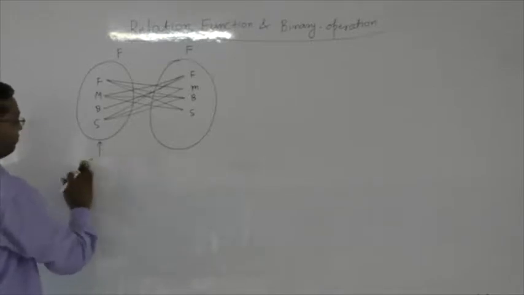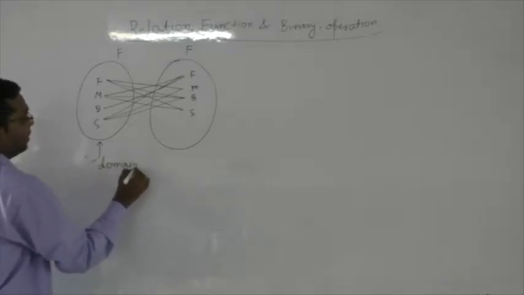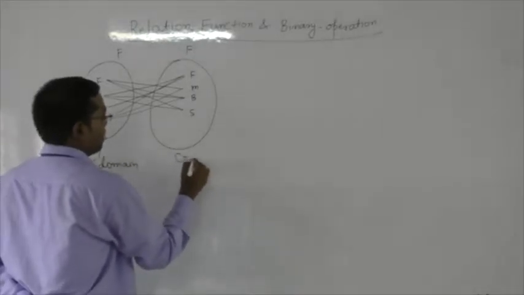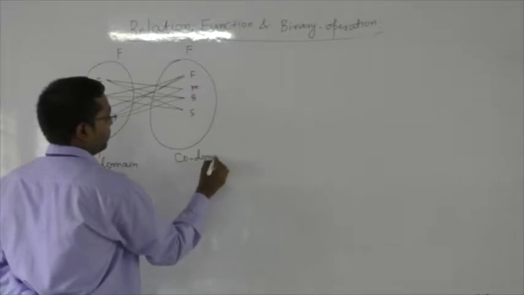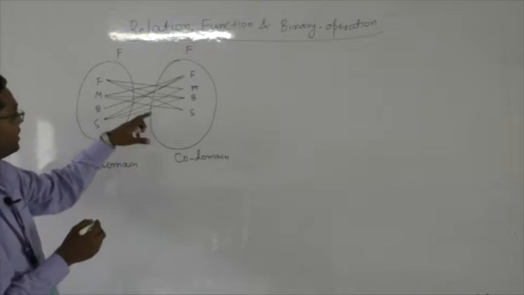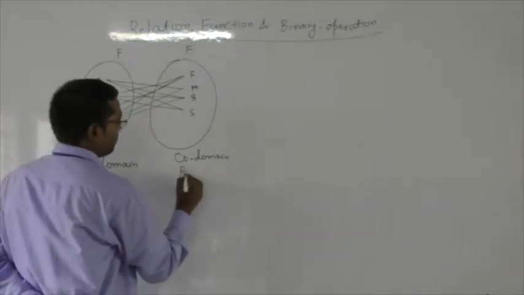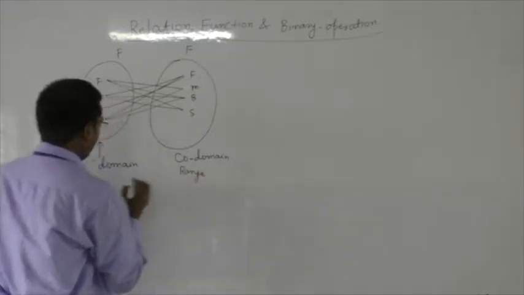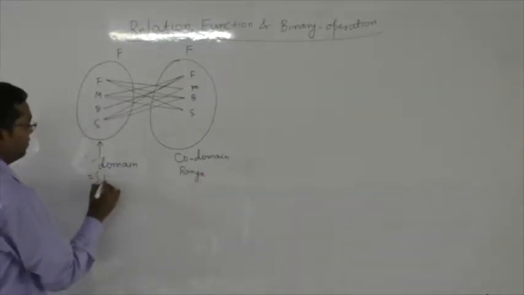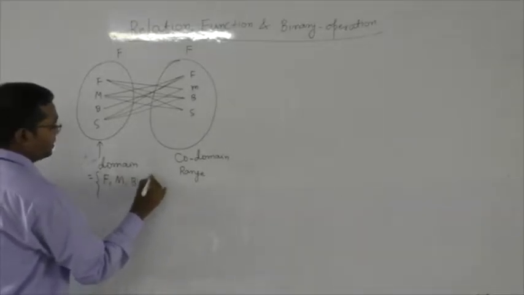This set is called the domain. In technical words, this other set is called the codomain. And the terms which are related are called the range. So here the domain I can write: father, mother, brother, sister.